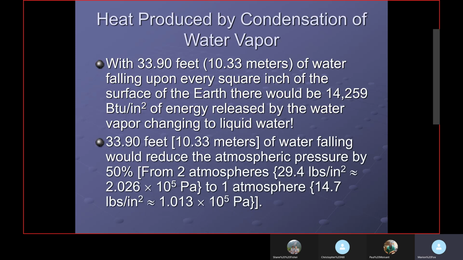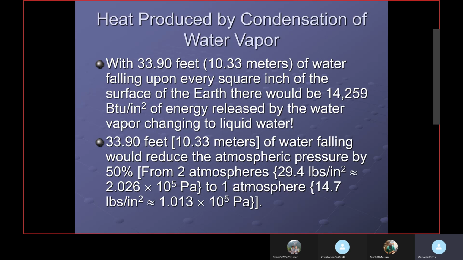33.9 feet or 10.33 meters of water falling would reduce the atmospheric pressure by 50% from 2 atmospheres, 29.4 pounds per square inch, or 2.026 times 10 to the fifth, that'd be 202,600 pascals, to 1 atmosphere, 14 pounds per square inch, or 1.013 times 10 to the fifth pascals.